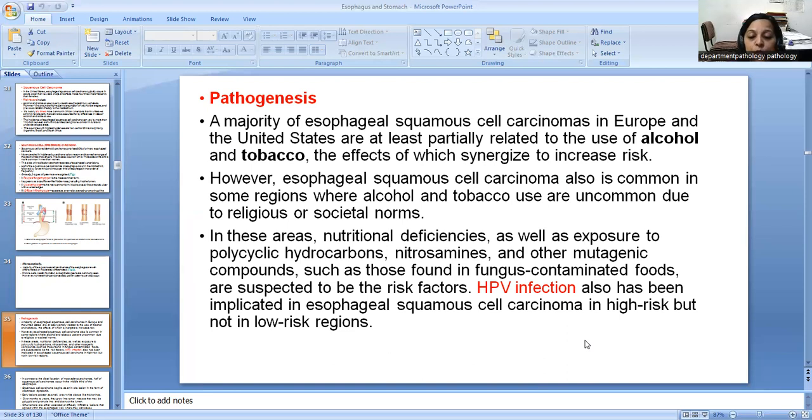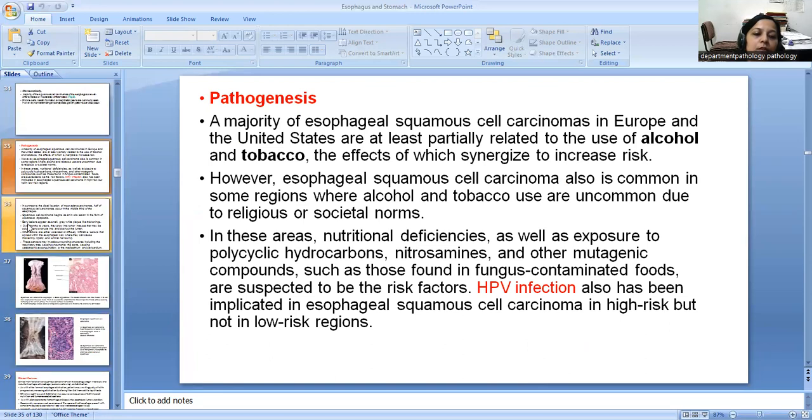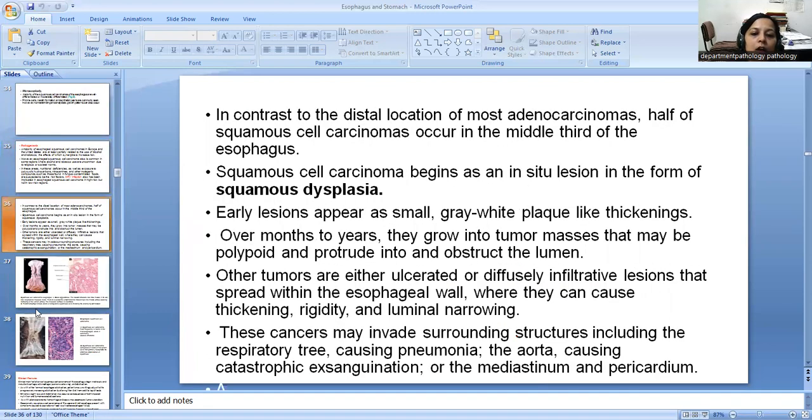HPV infection has also been implicated in esophageal SCC in high risk, but not in low risk regions. Okay? So, in contrast to the distal location of most adenocarcinomas, half of the squamous cell carcinomas occur in the middle third of the esophagus.